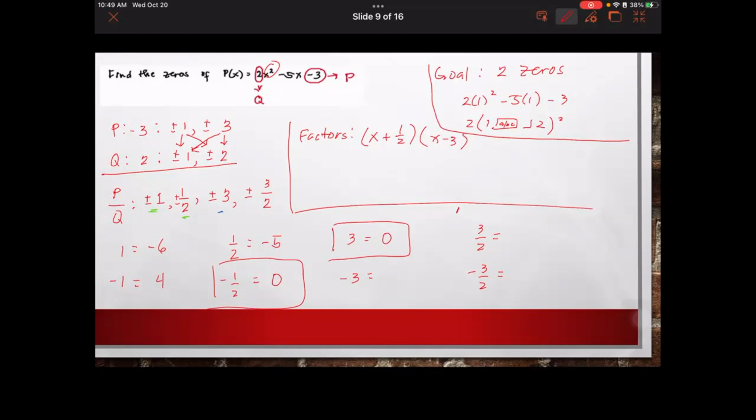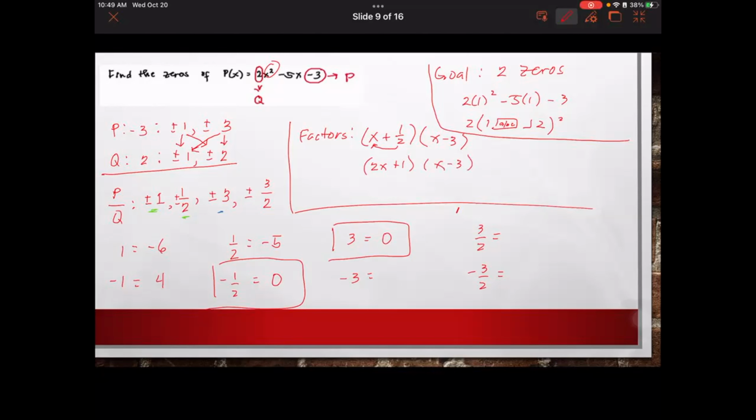Pero kailangan natin ayusin. So, ito yung 2 na to, i-multiply natin siya dun sa x. So, magkakaroon tayo ng 2x plus 1 and x minus 3.